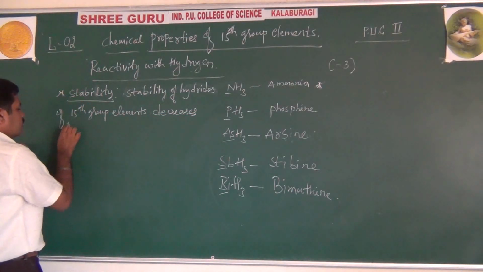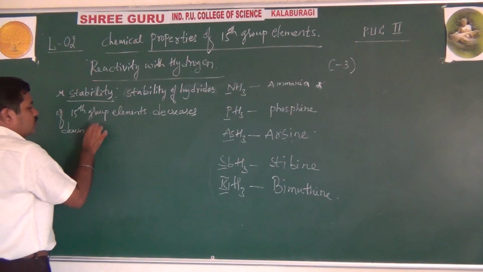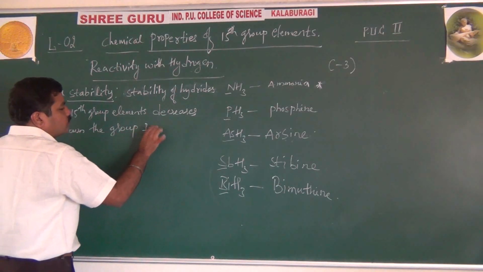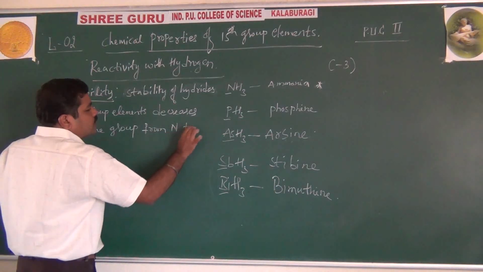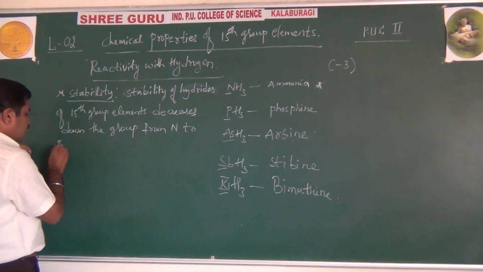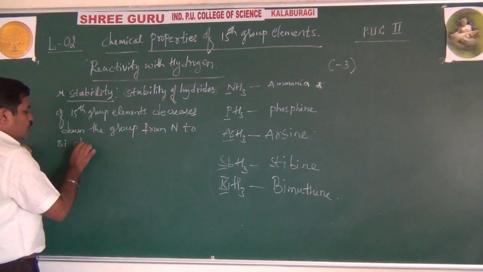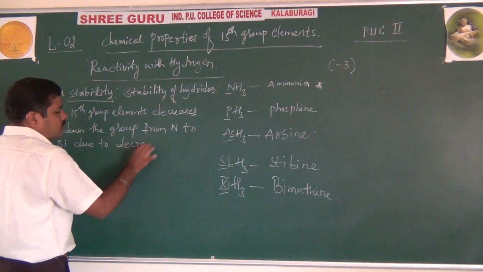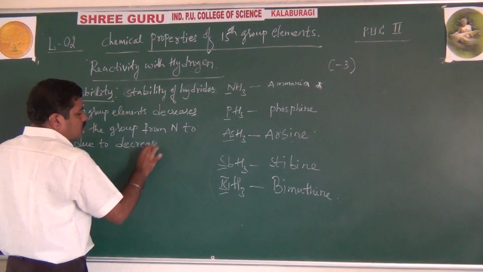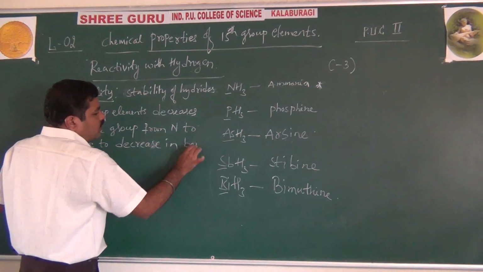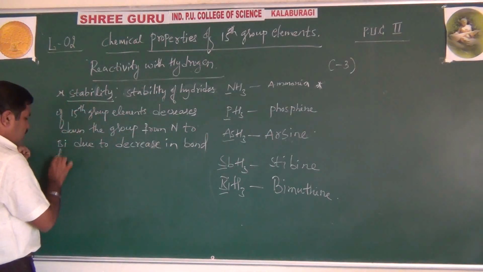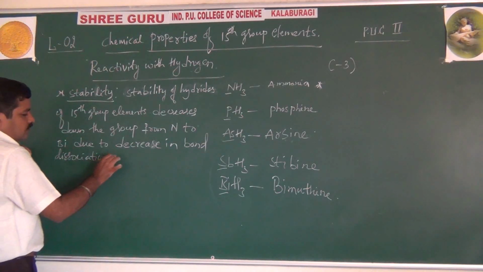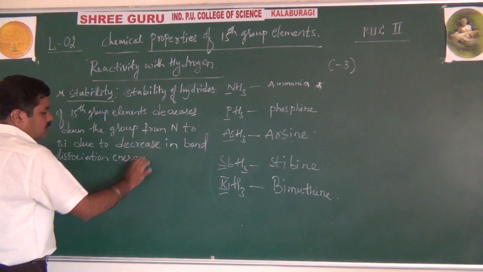Stability of hydrides decreases down the group from nitrogen to bismuth due to a decrease in bond dissociation energy.